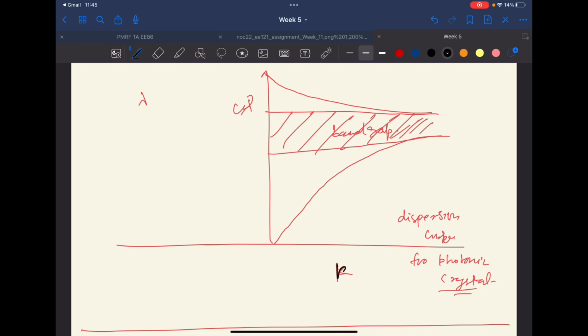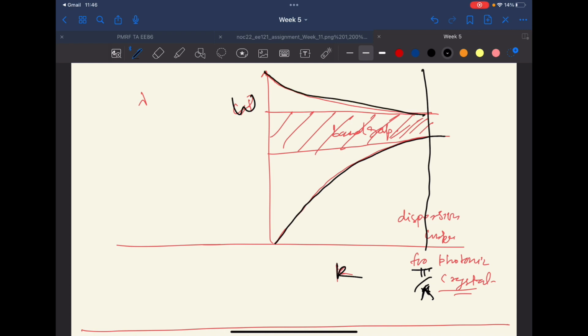The dispersion relation between k and omega goes up to pi by gamma, the Brillouin zone. The second band goes this way, and this region is known as the band gap.